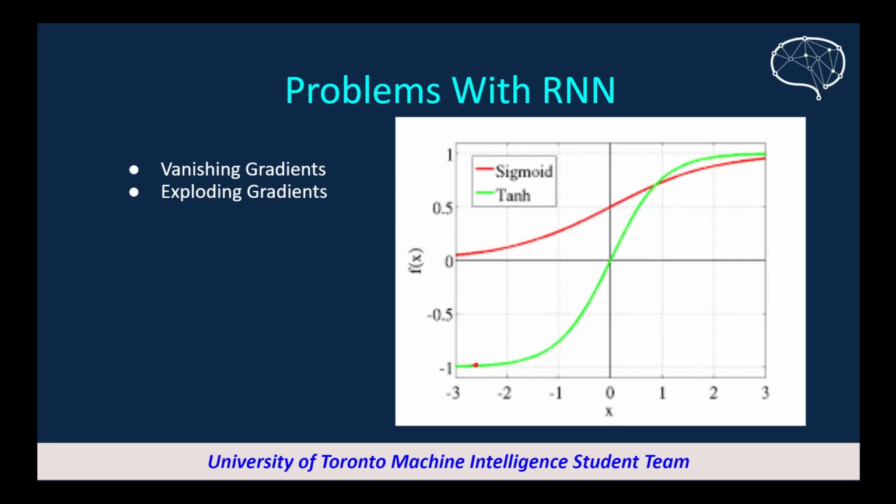So if you have a very small gradient calculated at the final few iterations, and you want to update the weights at the very, very first iterations, it will take a very long journey to pass all the way back, and this gradient is already very, very small.